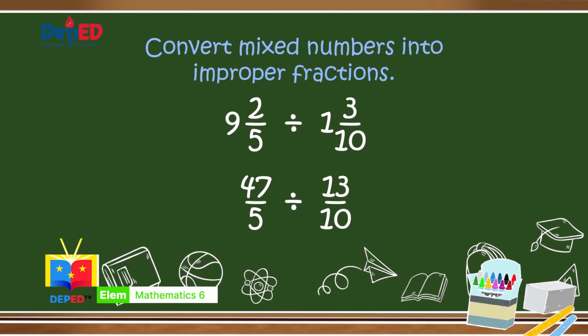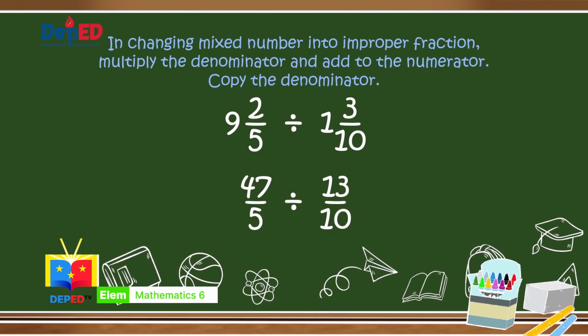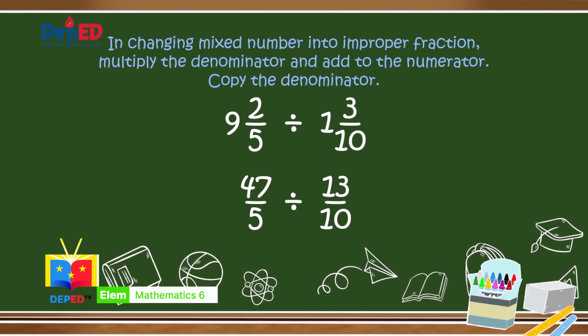In changing a mixed number into an improper fraction, multiply the denominator and add to the numerator. Copy the denominator. 9 2/5 becomes 47/5. 1 3/10 becomes 13/10. Now we have 47/5 divided by 13/10.